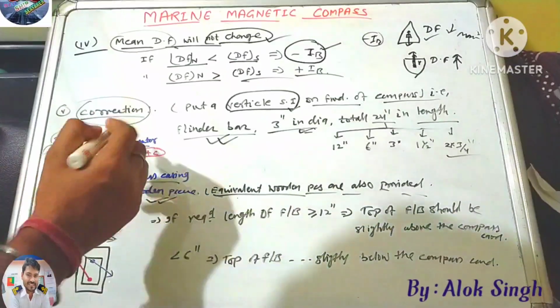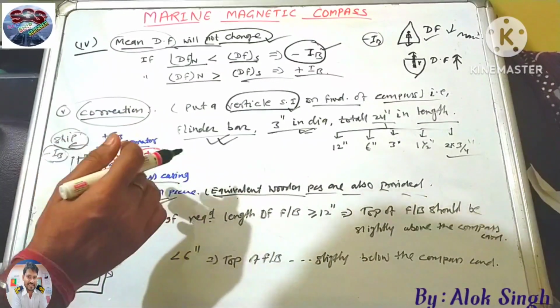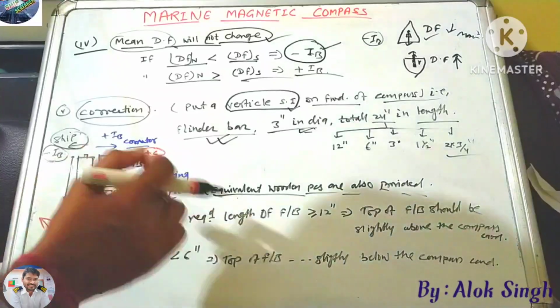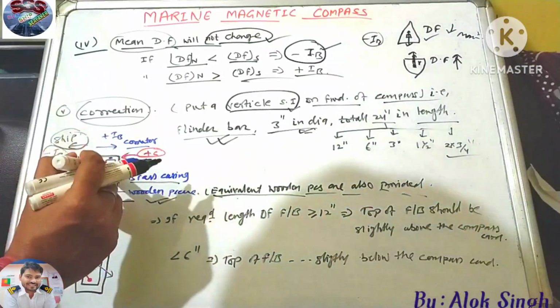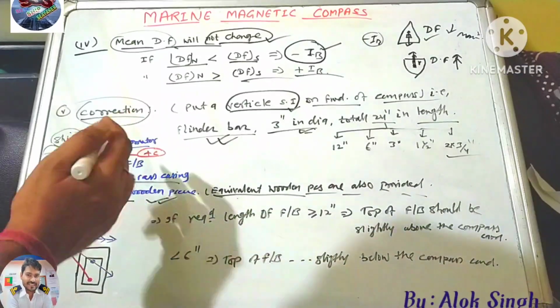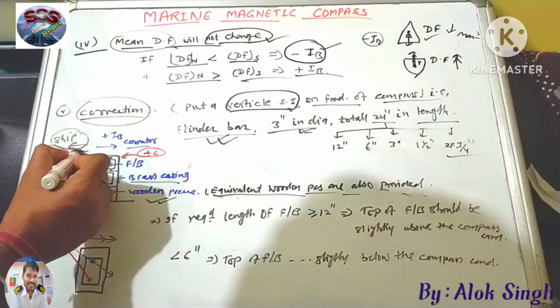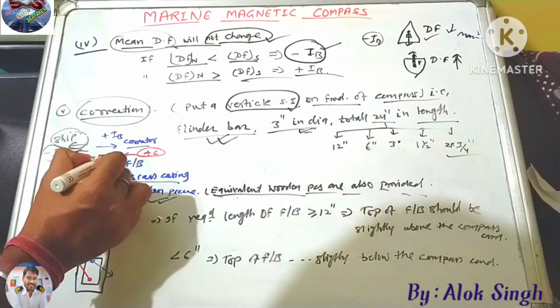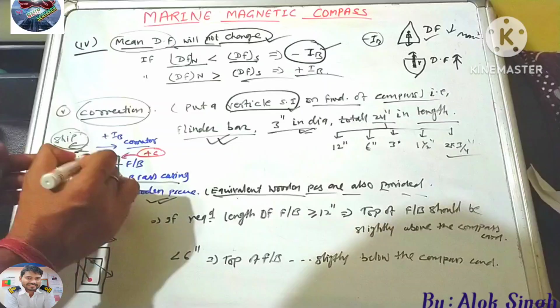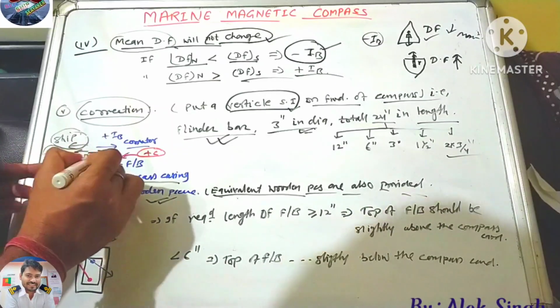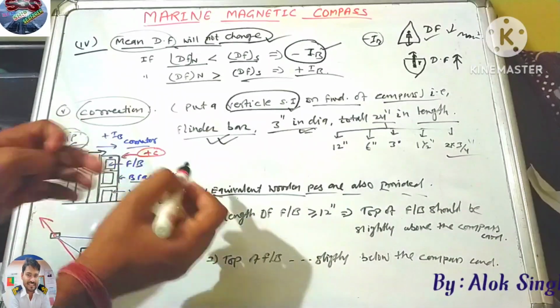So how will it affect? Same way, blue pole on the top and red pole on the bottom. How it will affect, this one will try to pull here, and we are putting something near to this which is inducing and affecting more than what the funnel is affecting. So it will try to pull towards the forward.